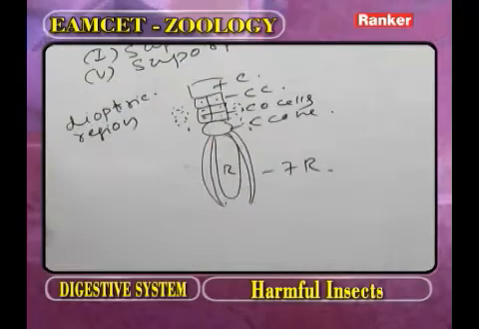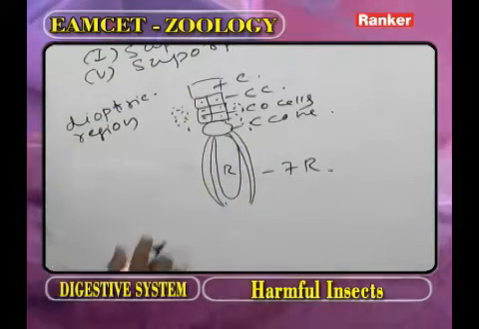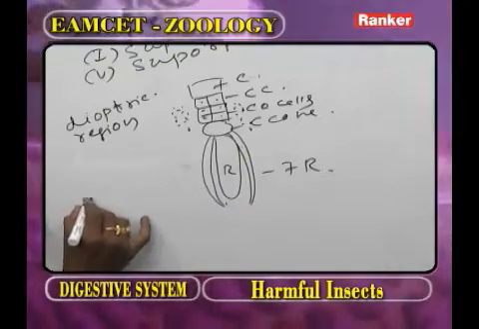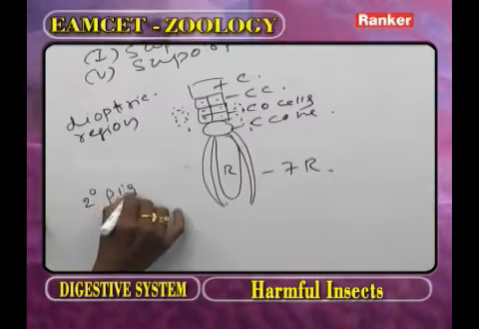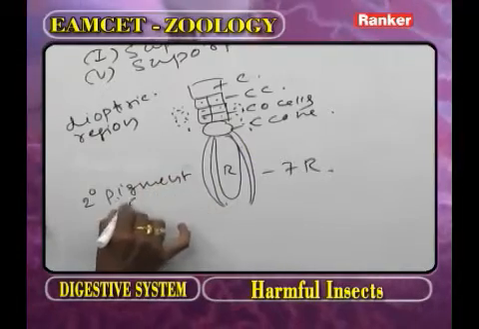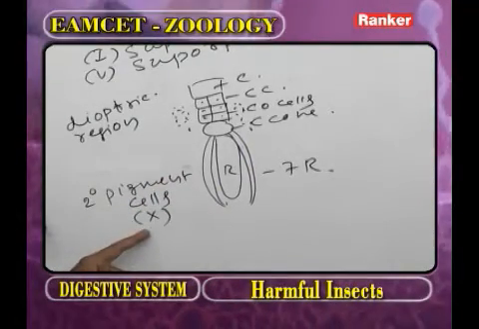In case of nocturnal insects, in the ommatidium, what are absent? The secondary pigment cells are absent. In the brackets, this indicates absent.